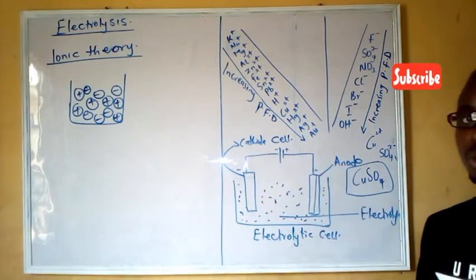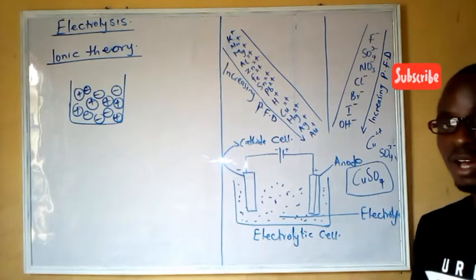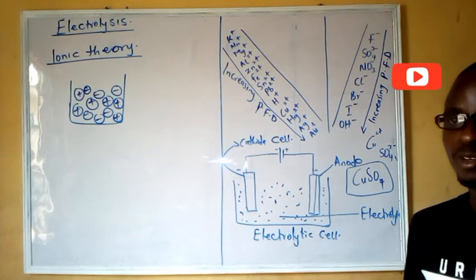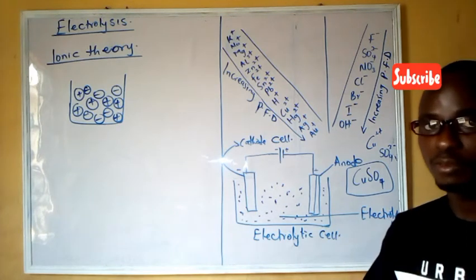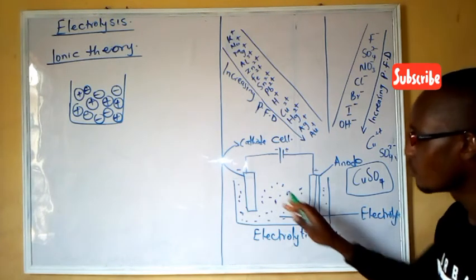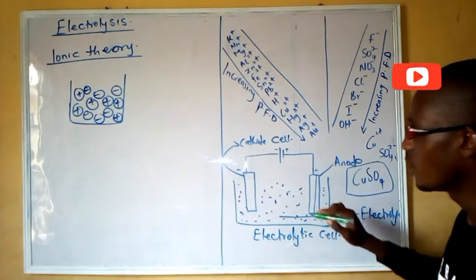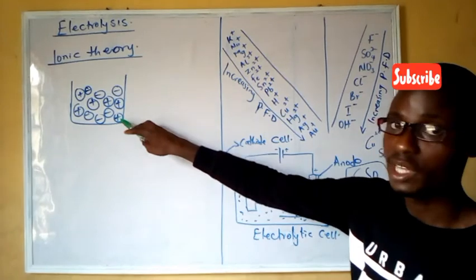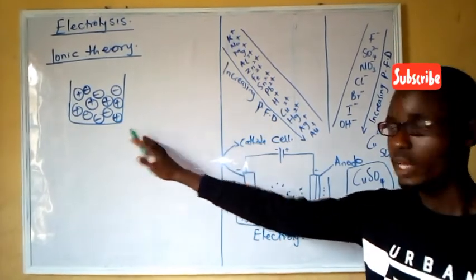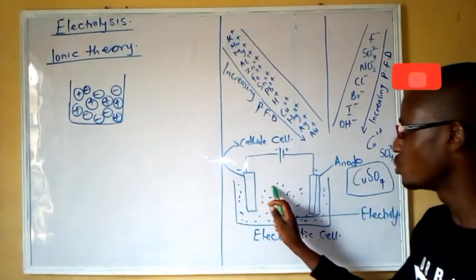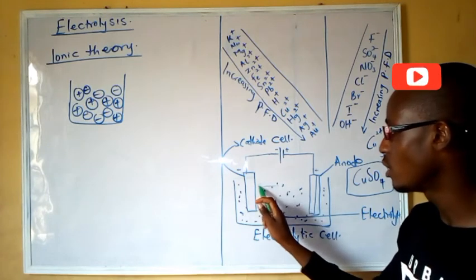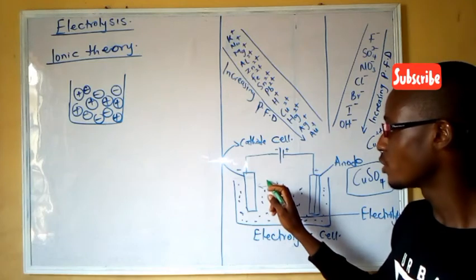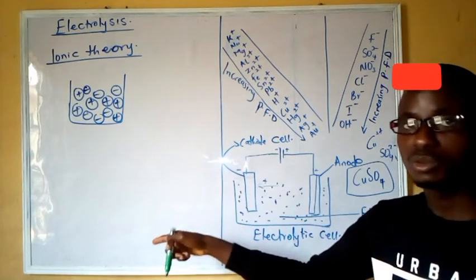However, it is a normal law that positive attracts negative and negative attracts positive. So what actually happens during electrolysis is that the positive ions in this solution, which I am representing with the ions here, migrate to the cathode, which is the negative electrode. All the positive ions migrate towards this direction, to the cathode.